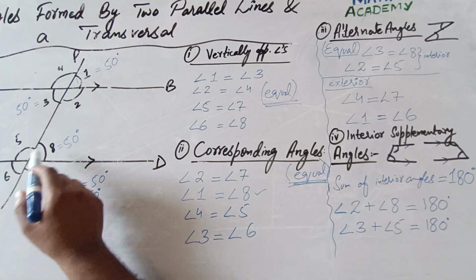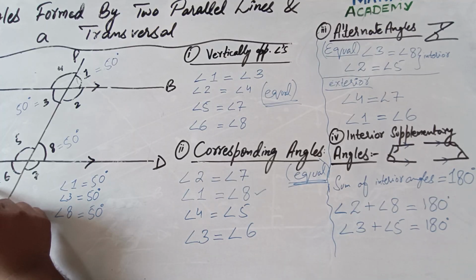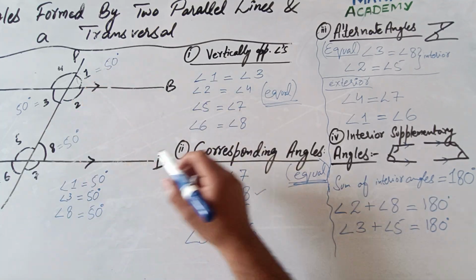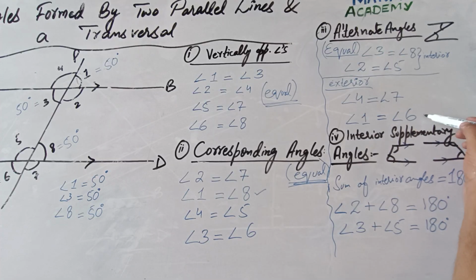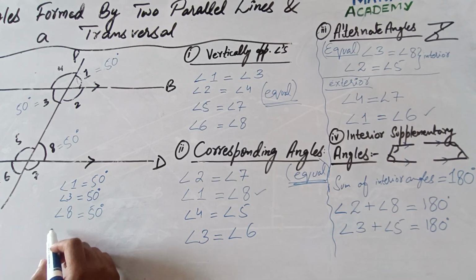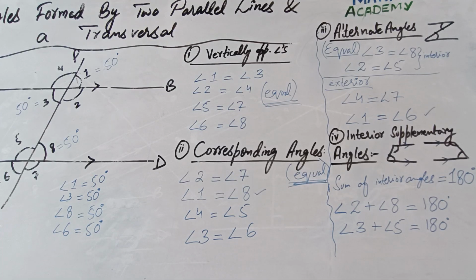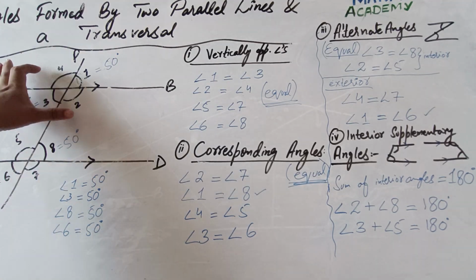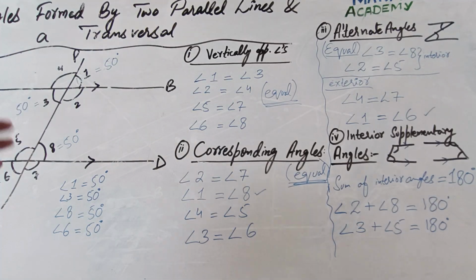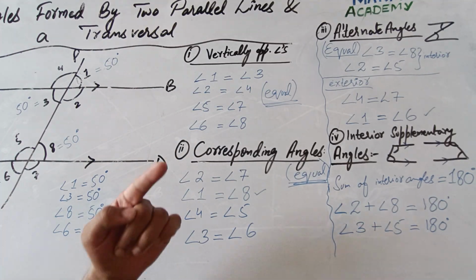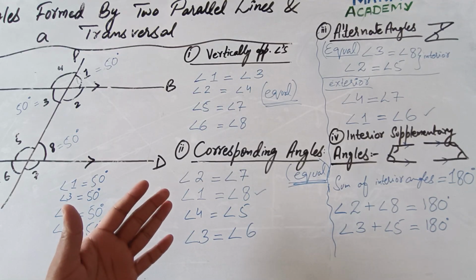According to vertically opposite angles, this is also equal to 50 degrees. According to alternate exterior angles, angle 1 and angle 6 are equal. So angle 6 is also equal to 50 degrees. Now all the leftover angles are equal to each other. If we find out one angle, the size of all the angles would be equal.